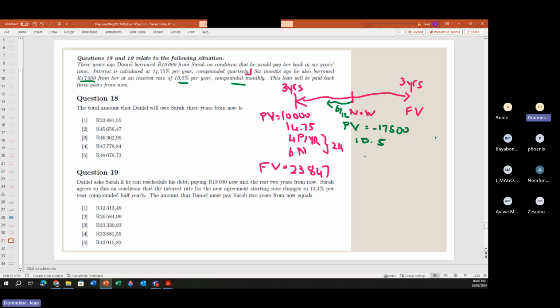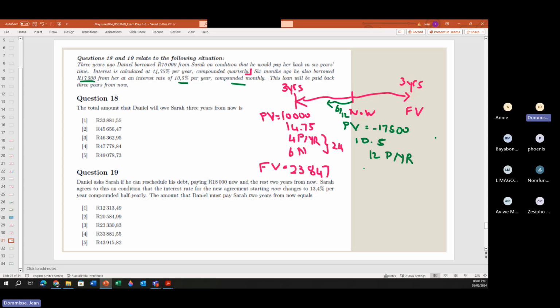Also a new number of payments or periods per year. So now it's not quarterly anymore. It is monthly. And again, we'll pay it off at the same time as the other one, so 3 years from now.